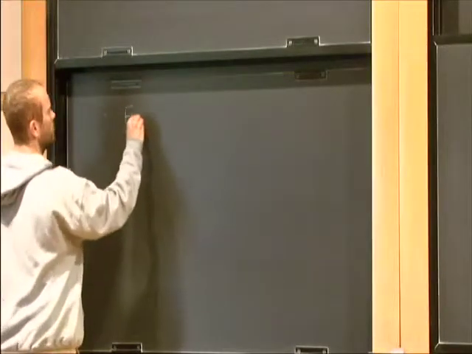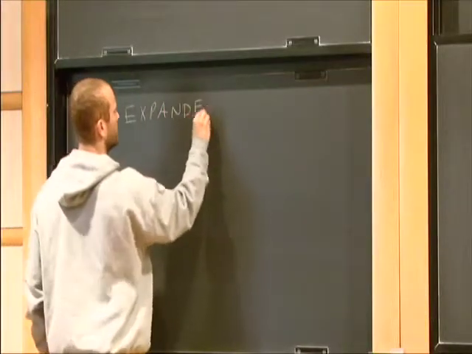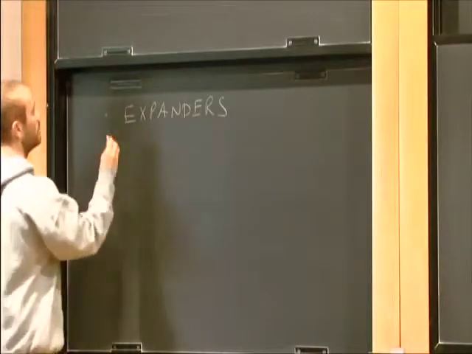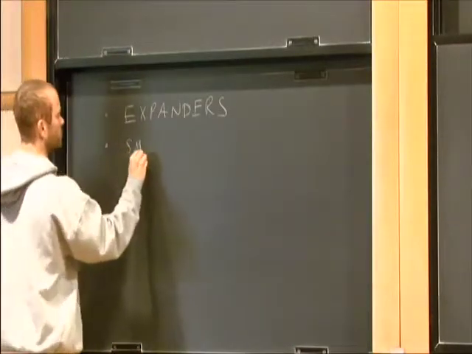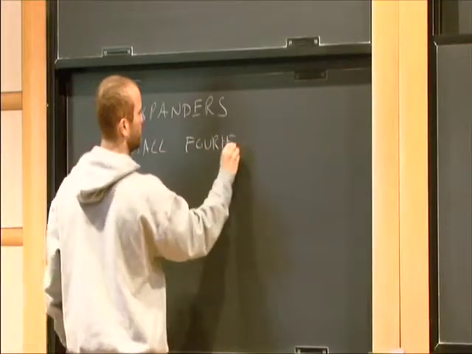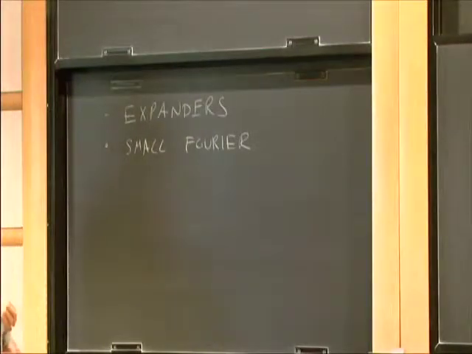Such sets are related to many pseudo-random objects. They are related to expanders. Such sets have, just by definition, small Fourier coefficients, in some sense, over F2.